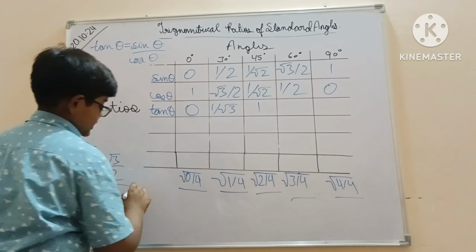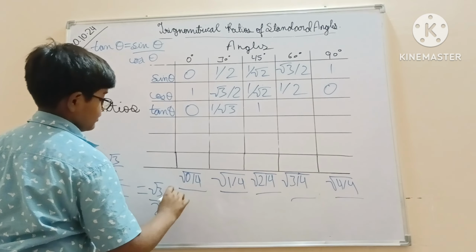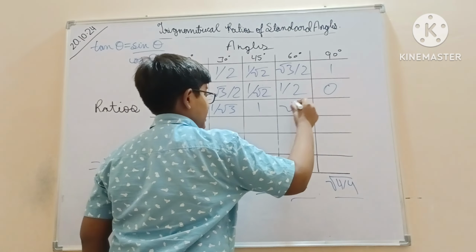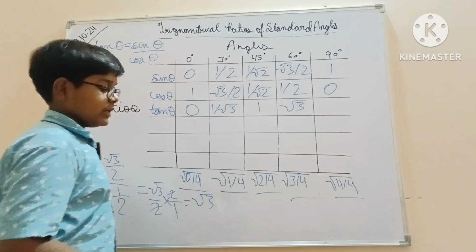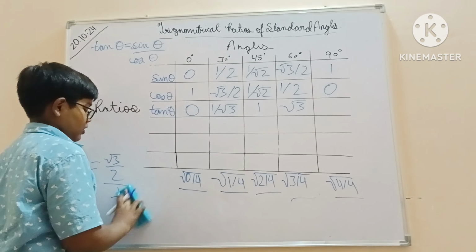So this fraction will be reciprocated, which will become root 3 divided by 2 into 2 divided by 1. 2 will cancel 2 and it will become root 3. As 1 in the denominator has no value, it will be vanished or not involved.